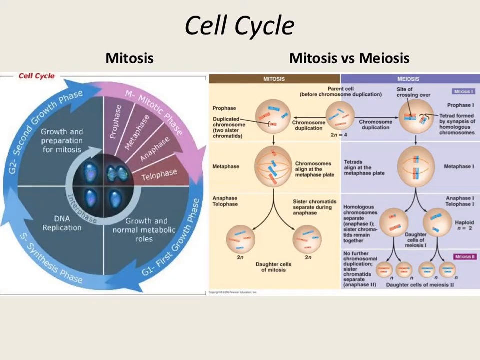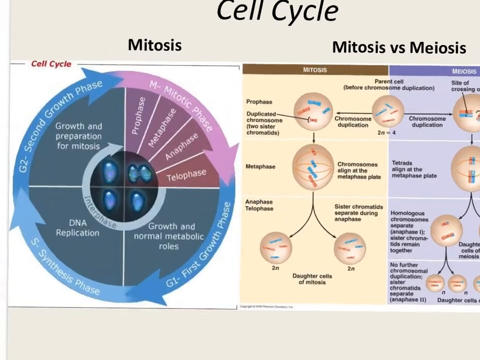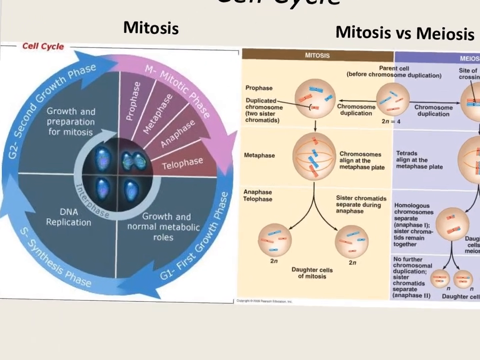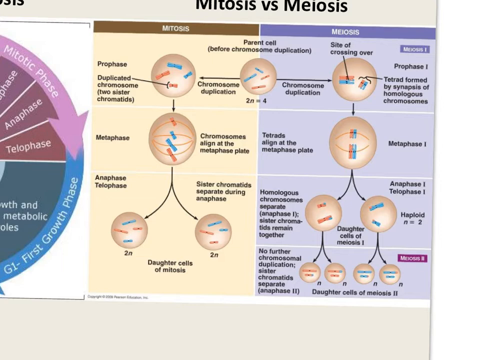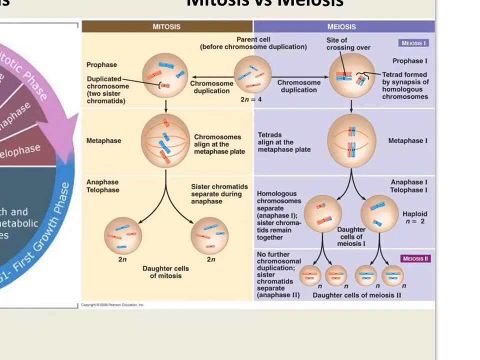So here's the cell cycle again. This is mitosis on the left. And then here is a look at meiosis.